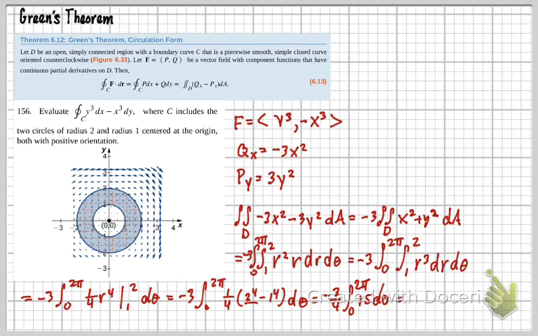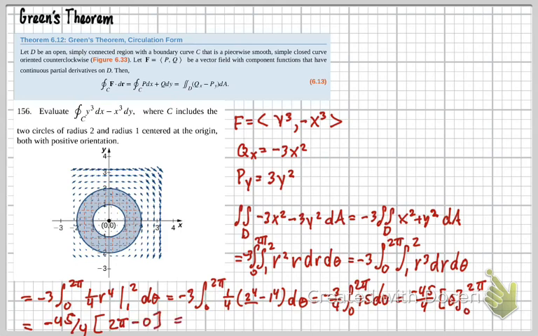So then this is going to equal really just theta when I integrate. So I'm going to write that out here now, -45/4, and I have theta here. And that theta is going to go from 0 to 2 pi. So for my final answer, I have -45/4, and that's going to be from 2 pi minus 0.